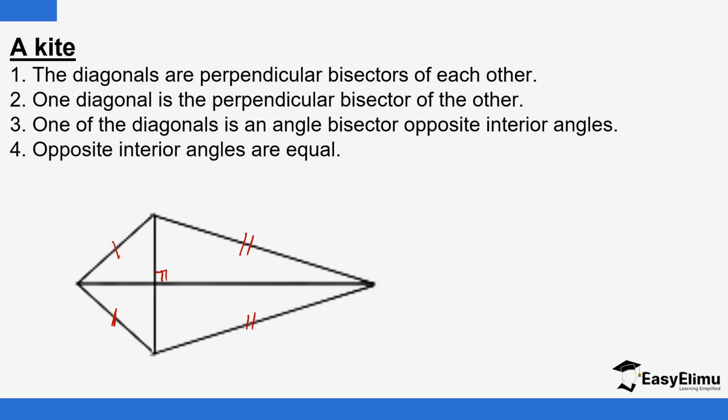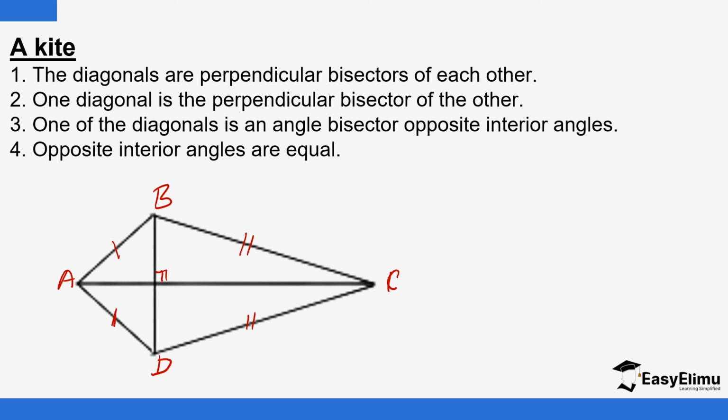They are not necessarily bisectors of each other, but they are perpendicular. So we say the diagonals are perpendicular bisectors of each other. No, we have this diagonal AB, or let me say AB, and then this is CD.